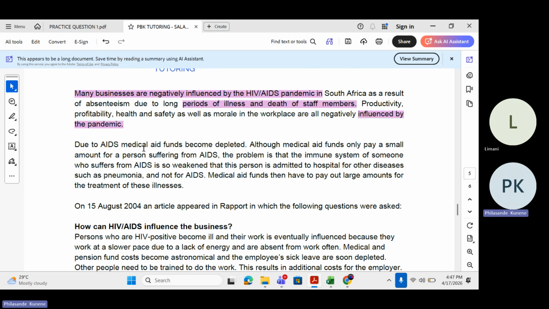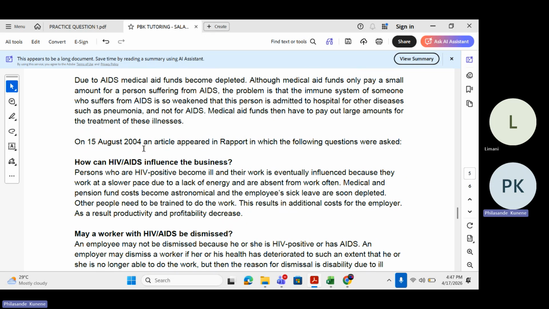So having medical aid helps employers and employees. Even if you are sick, you go to see a doctor, you come back, and medical aid pays for you, even if you don't have money. You get treated and come back to work as quickly as possible.